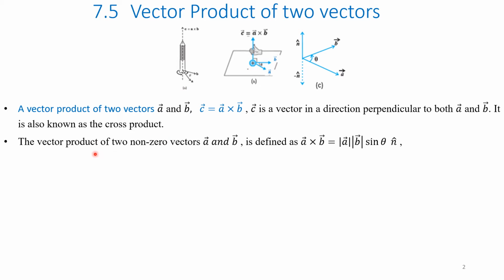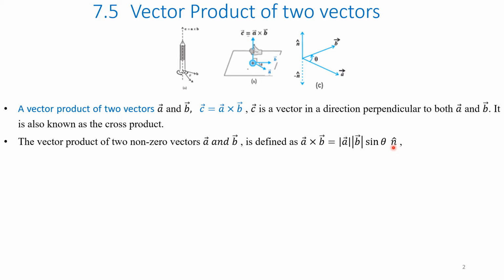The vector product of two non-zero vectors A and B is defined as A cross B is equal to magnitude of vector A into magnitude of vector B sin theta into n hat.